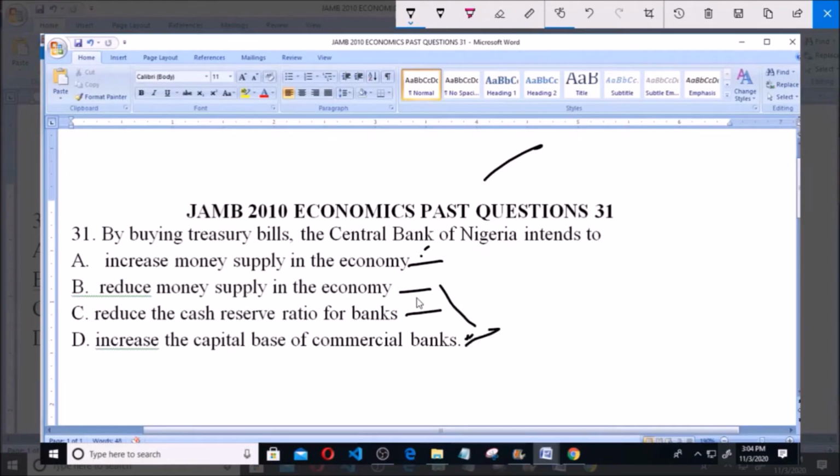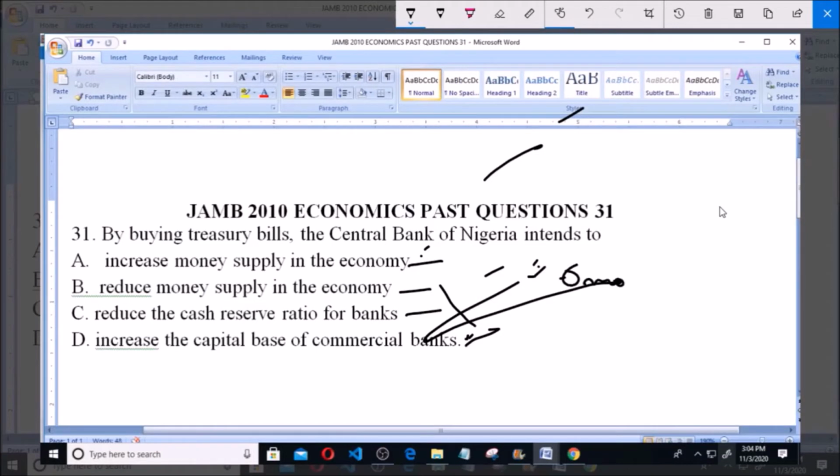So, the Central Bank uses the instrument of OMO, which is open market operation, to purchase or sell government securities in the open market to expand or restrict the volume of money in circulation.